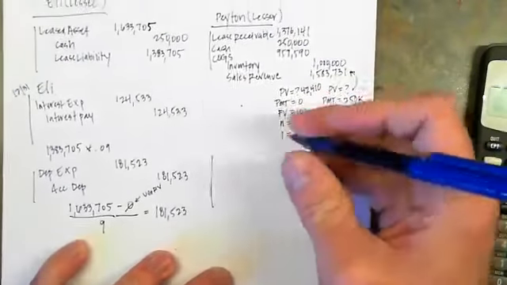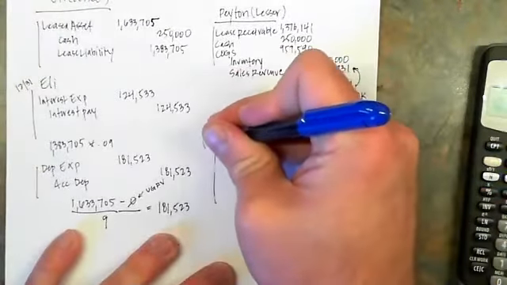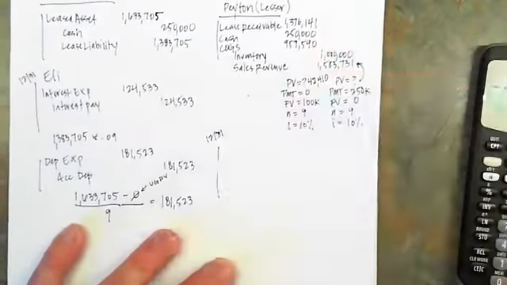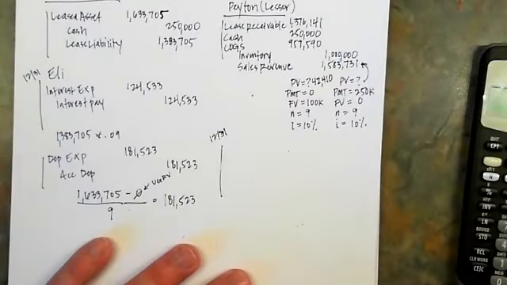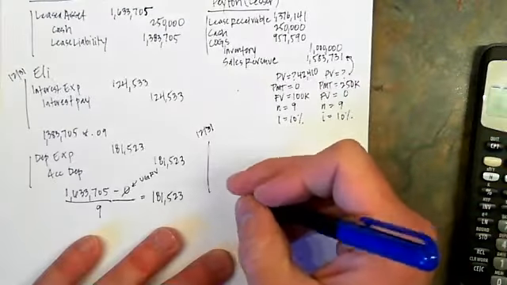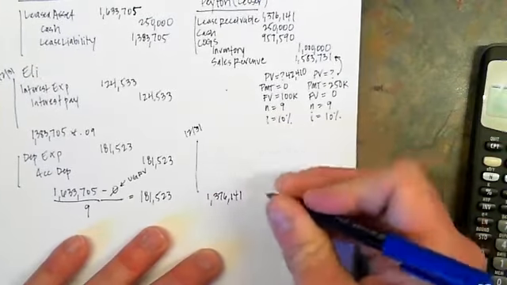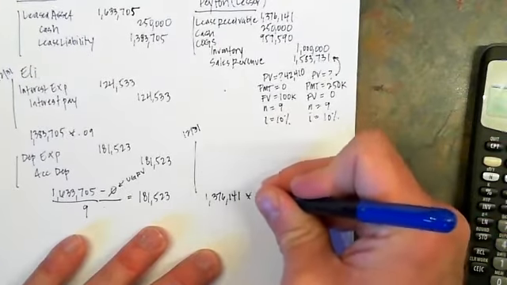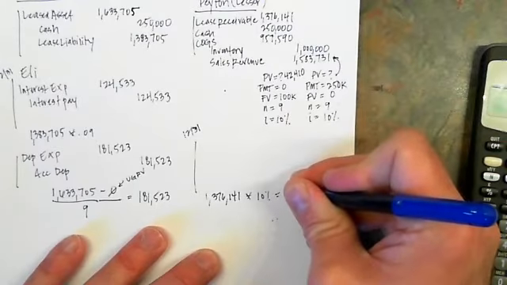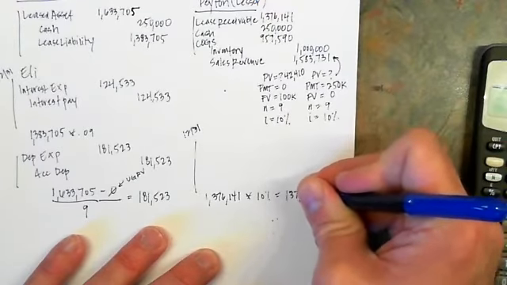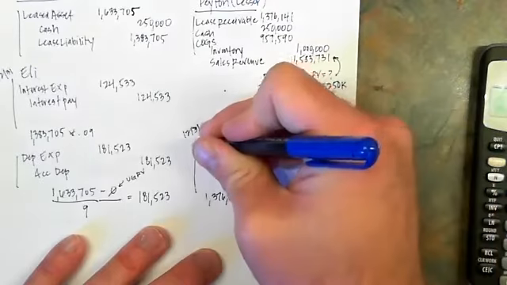I look at Peyton, they have the UGRV. They wrote the asset off, so there's no depreciation expense that Peyton has to recognize. They will take the lease receivable because that's what they're earning their interest revenue off of, multiply it by the rate that they use to discount their cash flows.